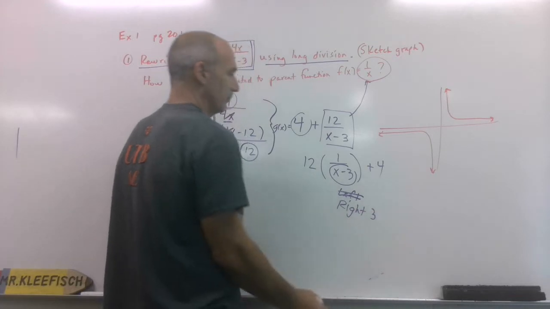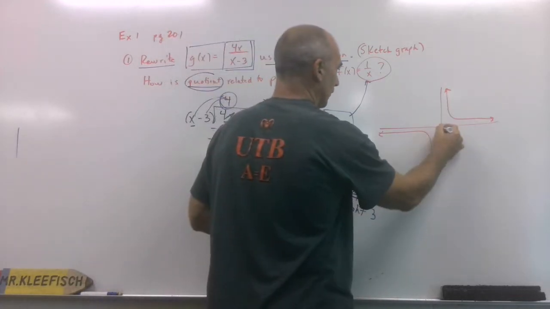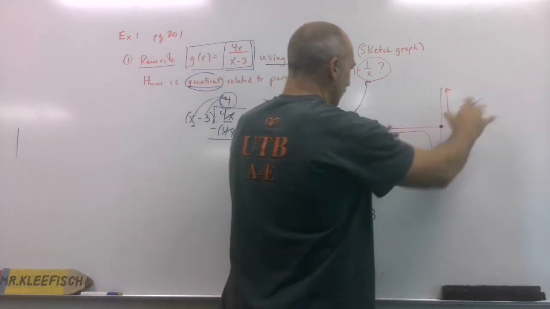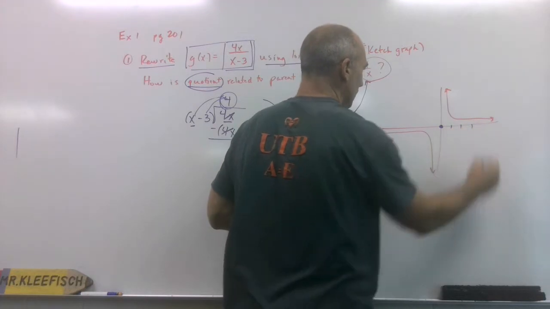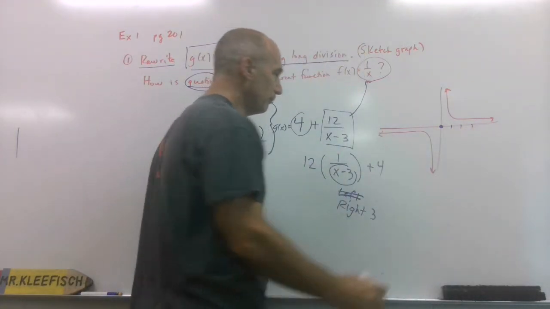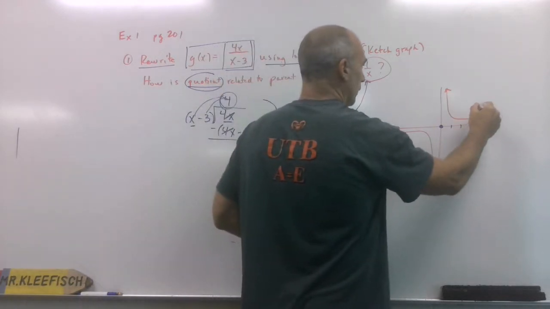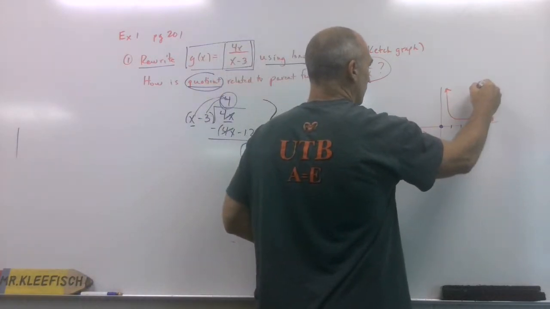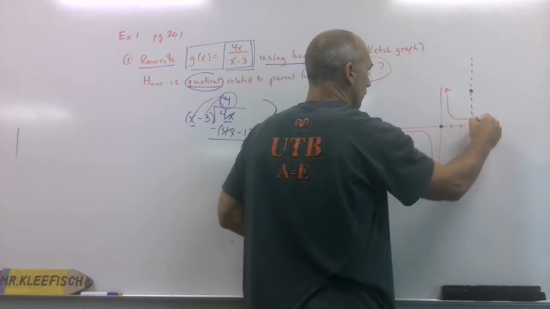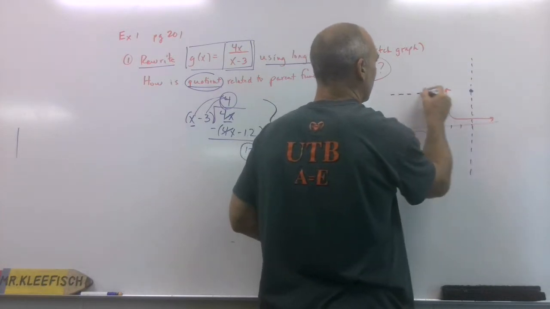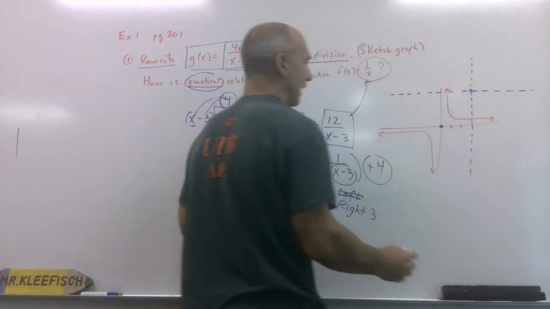Right 3. So the center of this whole graph is going to go 1, 2, 3. We've done these before. And then this is going to move it up 4. 1, 2, 3, 4. There's my new center. Draw my new y-axis. There's my new x-axis.